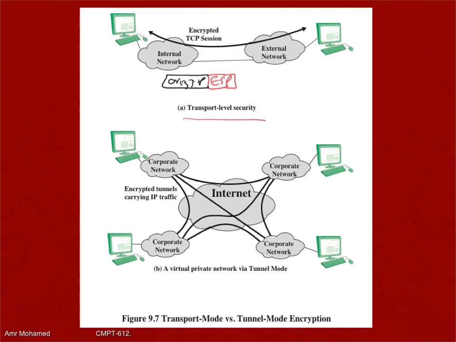But the original IP is maintained. We can actually authenticate part of it only, but this is for authentication, not encryption. We don't encrypt the original IP in any way, so it maintains the source and destination IP addresses at the beginning and the end of the tunnel, and that's it.